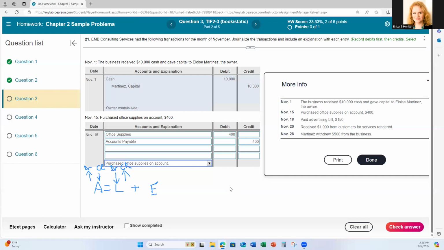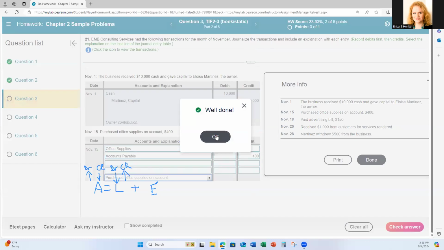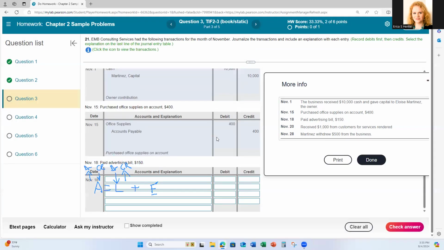Even if you're totally wrong, you have multiple attempts on the problems, and this will also help you formulate: do I know this? Do I not know this? And get an idea of what your understanding is as we go. And again, if you haven't watched the MyLab videos, please make sure you watch those, because they walk through the process for all of these in advance. So you'd have an idea before you come in here to these sample problems on how to do them.